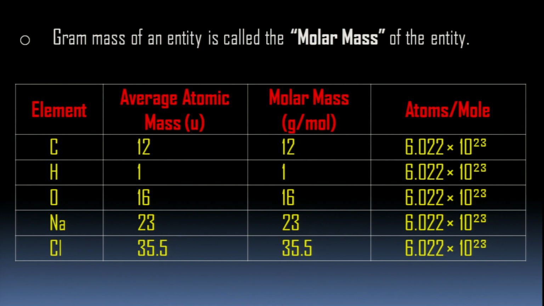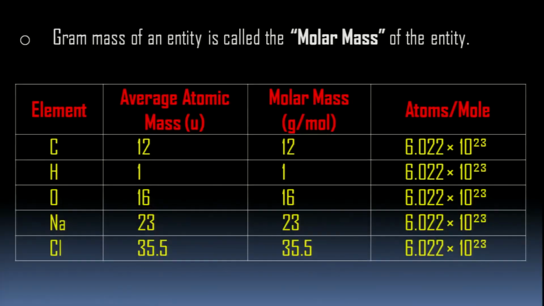First we have the categories of elements: carbon, hydrogen, oxygen, sodium and chlorine. Then we have the average atomic mass. Why is the word average written? Because for carbon it is not exactly 12, it is 12.0005 or something like that. And for H, 1.008, some decimals are there which can be neglected.